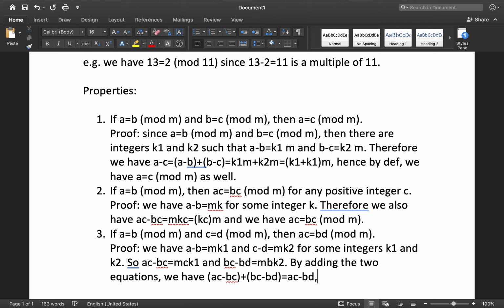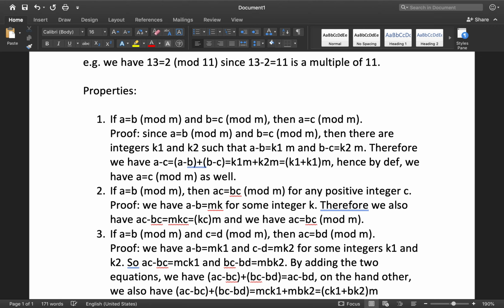On the other hand, we also have this sum, which is nothing but MCK1 plus MBK2. So you can do a factorization again, and you get CK1 plus BK2, and that is multiplied to M.